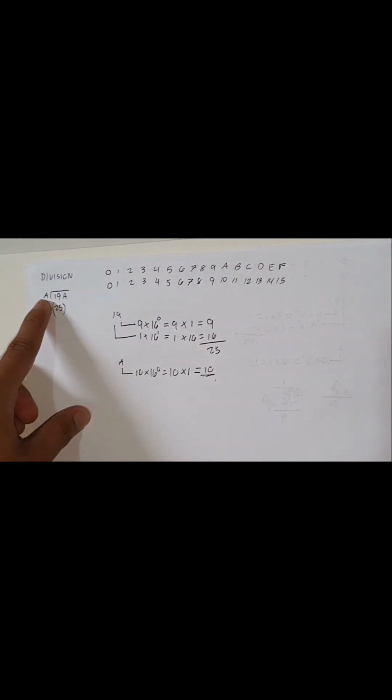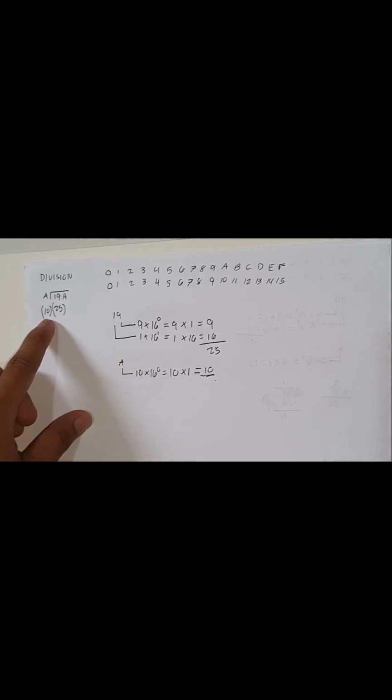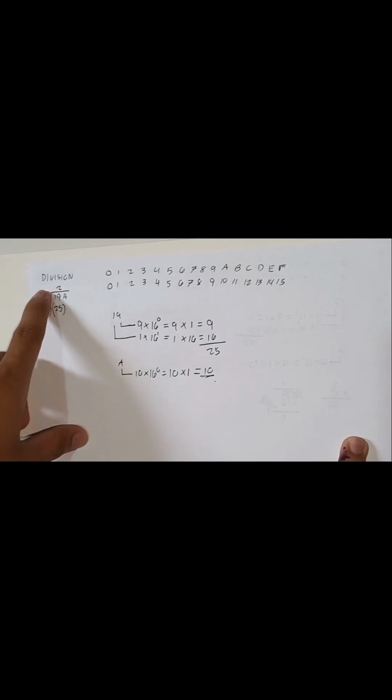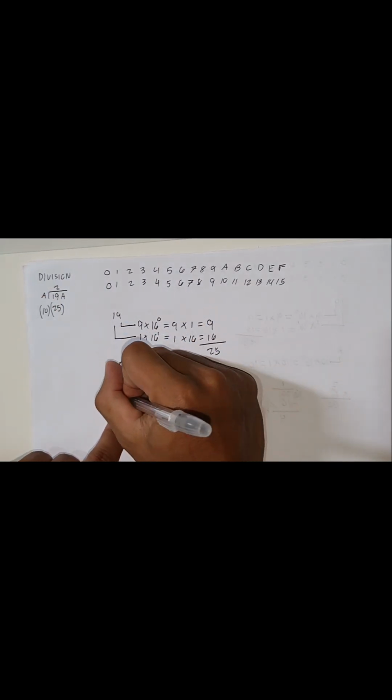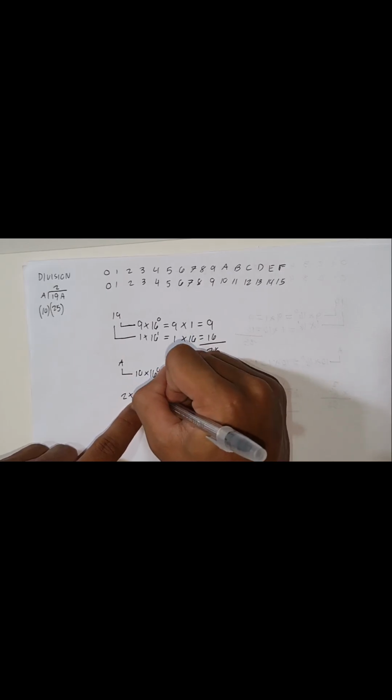So 19 divided by A, or 25 divided by 10, is equal to 2. And 2 times A, 2 times 10, is equal to 20.